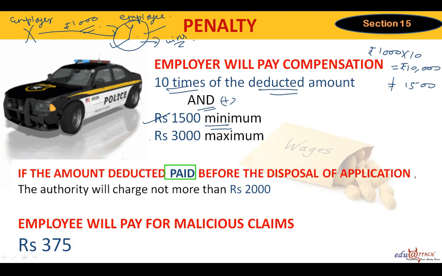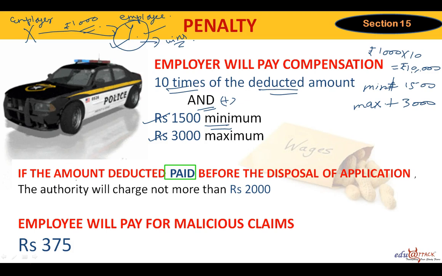Or maximum, that 1500 can go up to rupees 3000, not more than 3000. 1500 is a minimum fine which is in addition to that 10,000, meaning 10,000 plus 1500 or 10,000 plus 3,000, as per the case. That 3,000 is the maximum amount. So under Section 15, the employer is paying a large amount of fine.